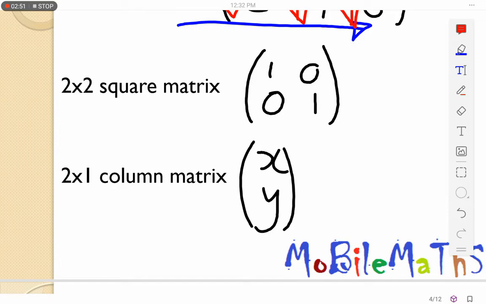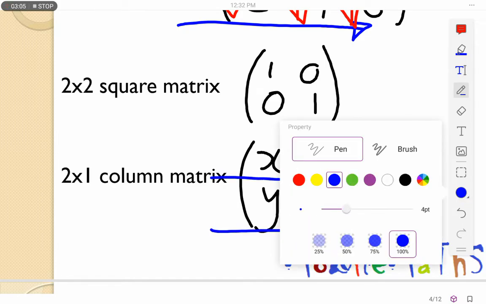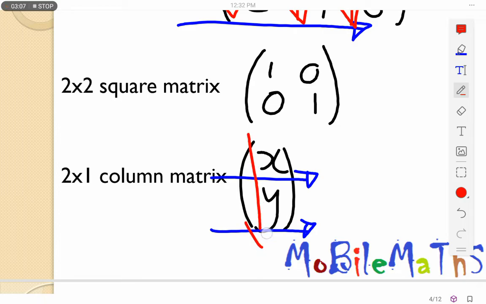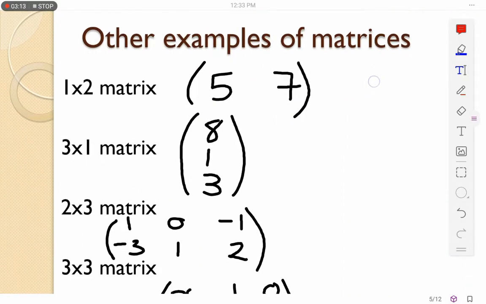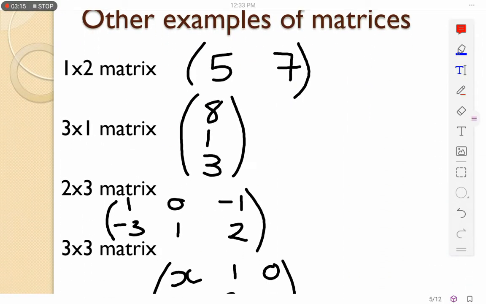Let's move on. If we go to the next one, we have got 2 by 1. I've got 2 rows, this is a row, this is a row, and in my columns I've got 1 column. That's why it's 2 by 1. Okay, let's move on to the other one. I've got a 1 by 2 matrix.